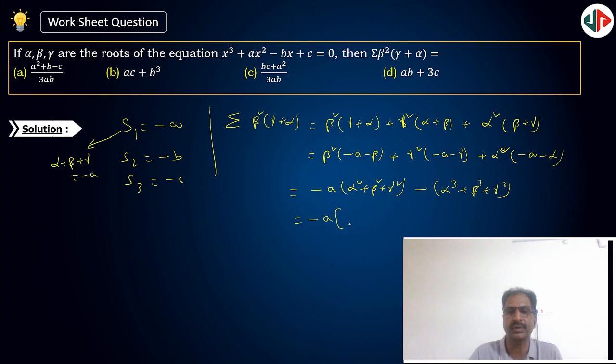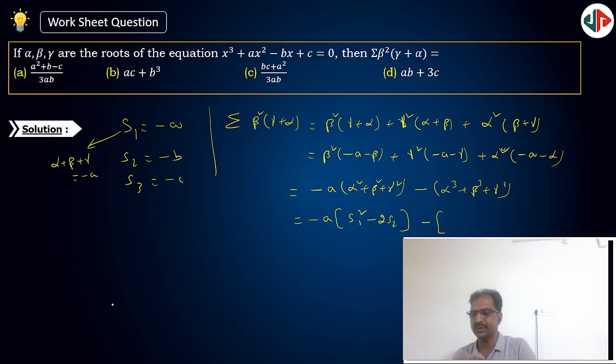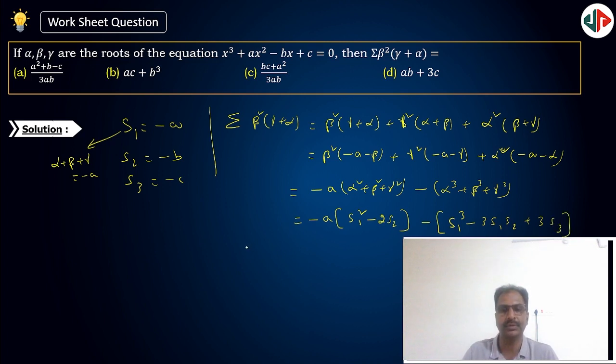What is alpha square plus beta square plus gamma square in terms of notations? It is S1 square minus 2S2. And this alpha cube plus beta cube plus gamma cube is S1 cube minus 3S1S2 plus 3S3. Substitute all the values given.